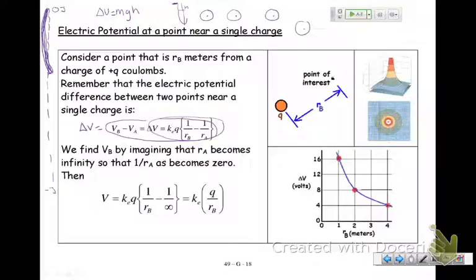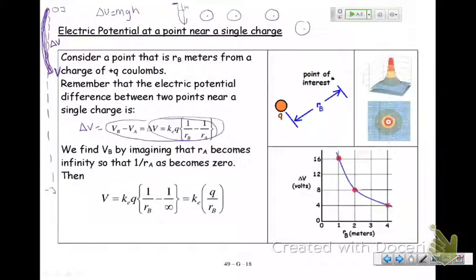Well, if my electric potential difference is given by this, why can't I get the potential, my voltage of that, by saying what's the potential difference between this point and infinitely far away from any charges? So that's the way I'm coming into this, yeah? Infinitely far away, no potential. Closer by, negative potentials.